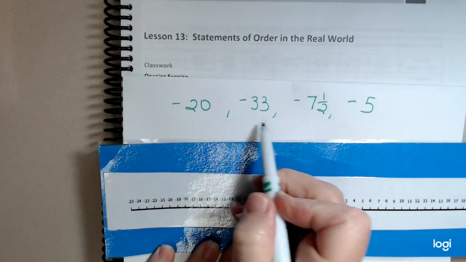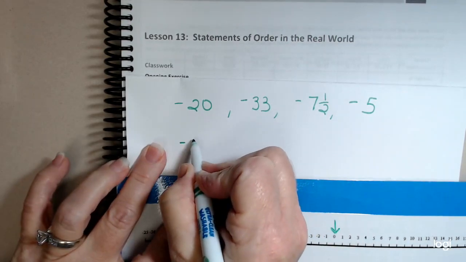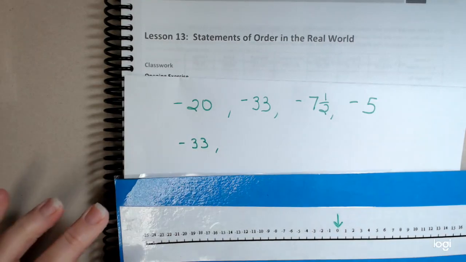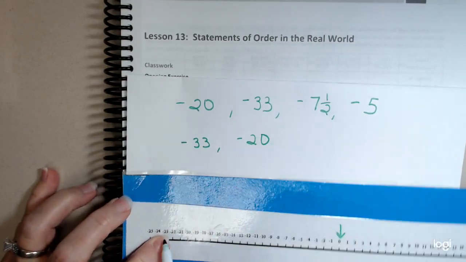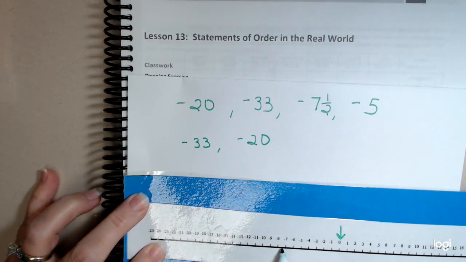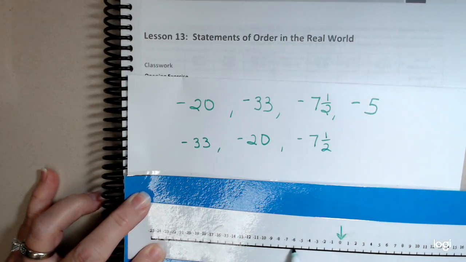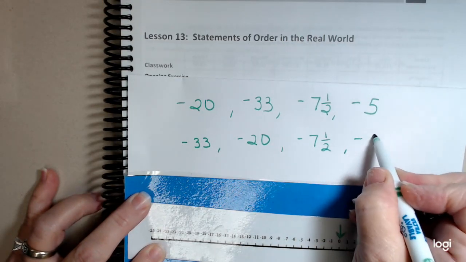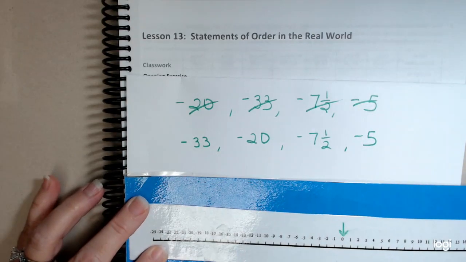Well, if I look at these integers, which number is going to be the farthest away? It's going to be negative 33. As I'm moving closer, I'll get to negative 20. I'll eventually get to negative 7.5. And then I'll get to negative 5. Okay? So I've put the integers in order from least to greatest.